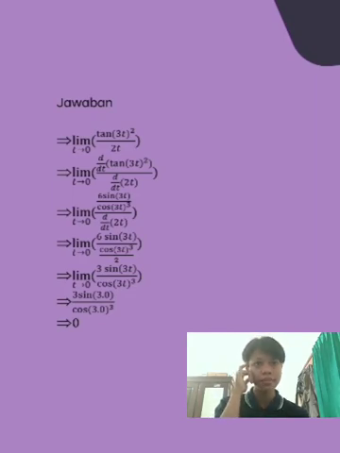We find that 3 sin 3t over cos cubed 3t equals 3 sin(3 times 0) over cos squared(3 times 0), which equals 0.